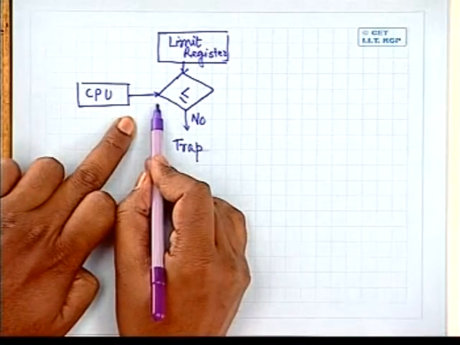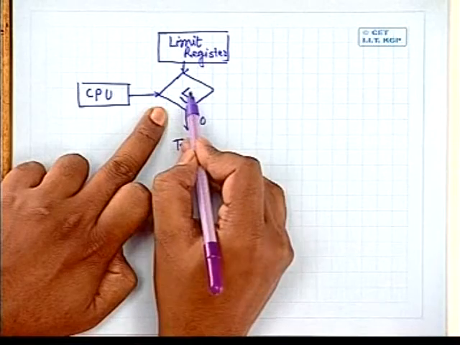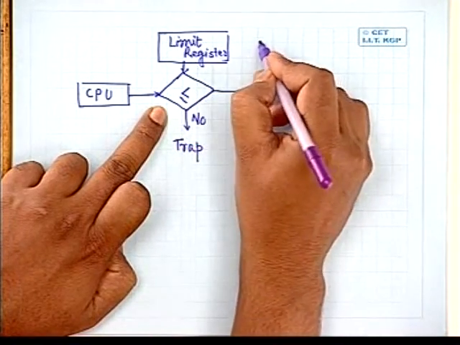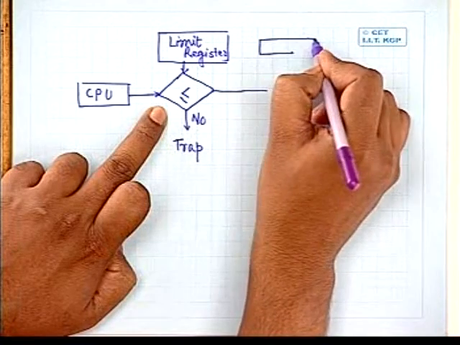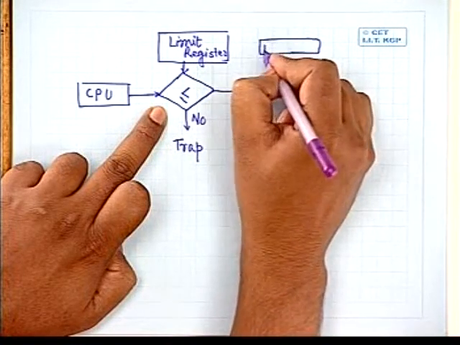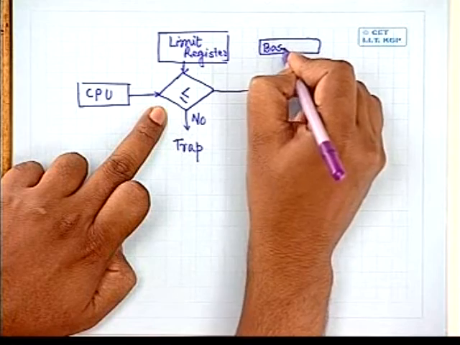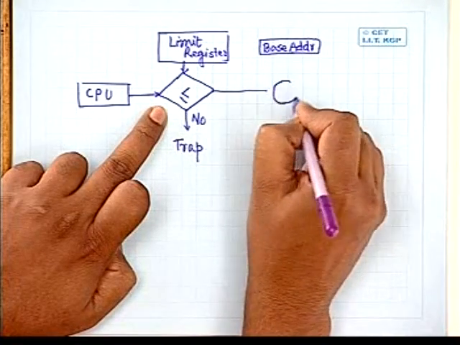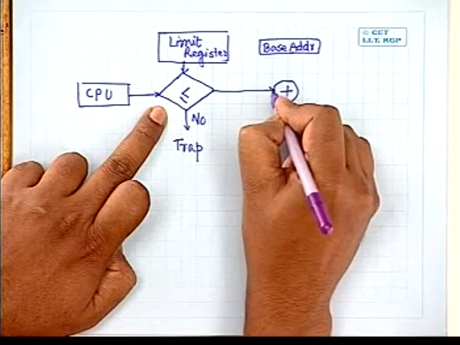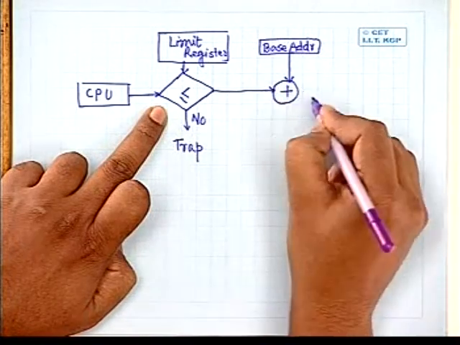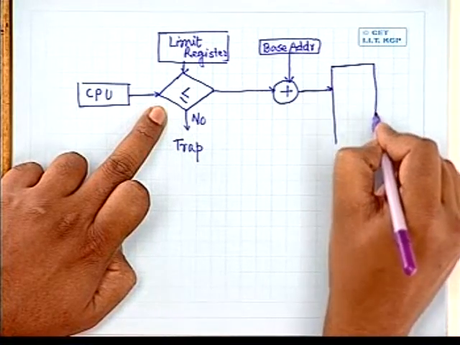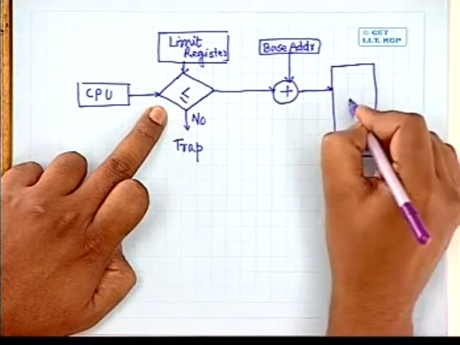If the CPU generated address is less than or equal to the limit value, in that case this address will be added with the base address, and what I get is the physical address of the main memory which is to be accessed by the process.